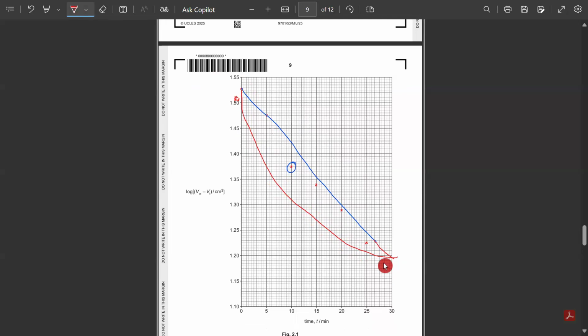Why is it curved? The steepness is indicated here. Wait, don't we just draw a linear line? If you draw the linear line, how would you make it? I would just draw it straight down. Is it supposed to connect to the end of the other one?